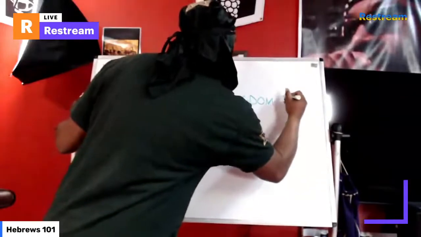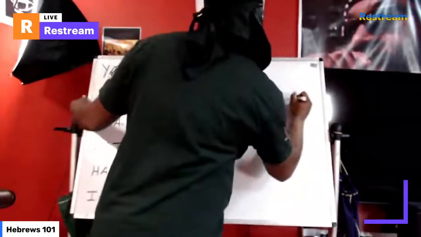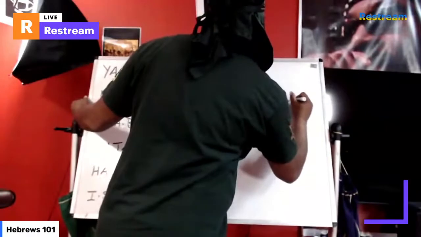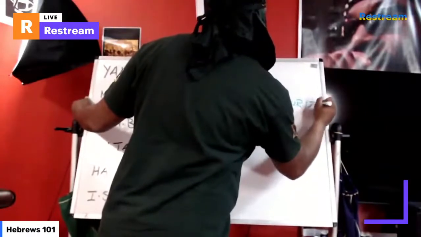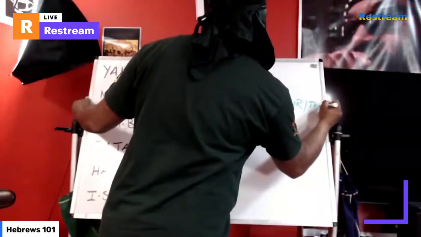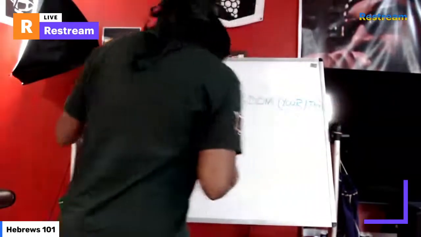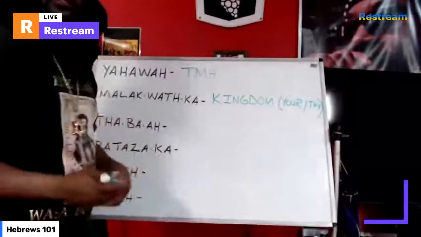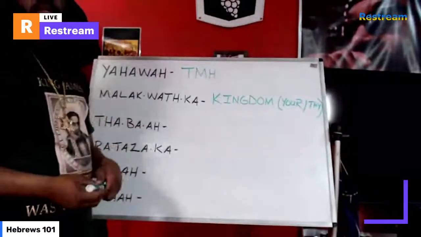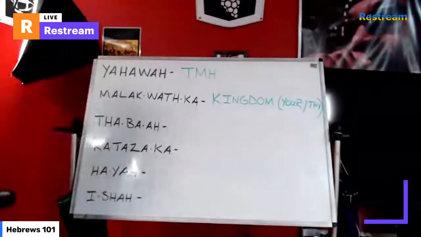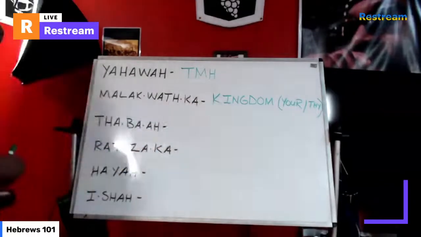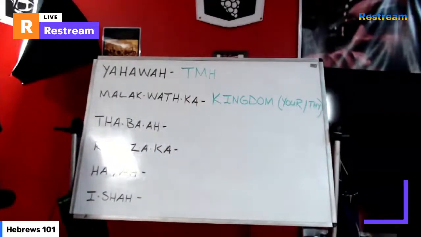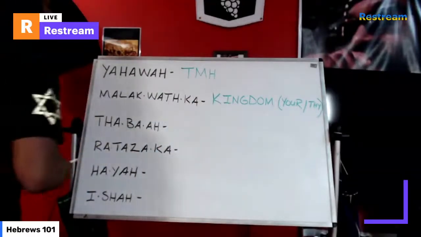Kingdom, your. We're going to translate it as your kingdom, but of course we've always known it in English as thy kingdom. Why? Because King James was written in Old English. Very good. And just real quick, we are color coordinated.